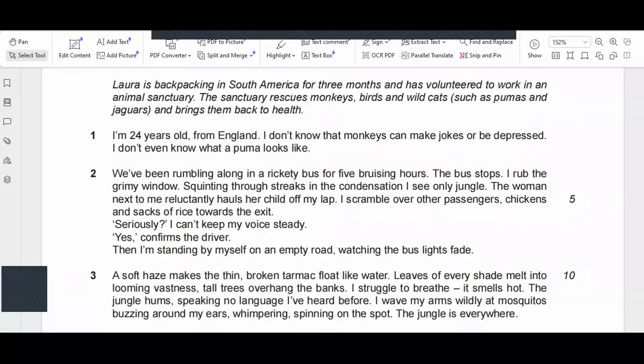is the thick forest. So there was a lady sitting beside her, and the lady slowly tried to lift her child from her legs, and the narrator pushed her way past the crowd, along with the animals and the bags filled with grain, to reach towards the doorway of the vehicle.